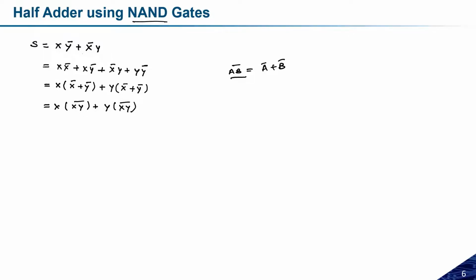Now, what other process can we follow? Can anyone tell me how we can simplify? We got this term as a NAND, this term as a NAND, but what other steps? What is the procedure that we can follow? Can anyone tell me?